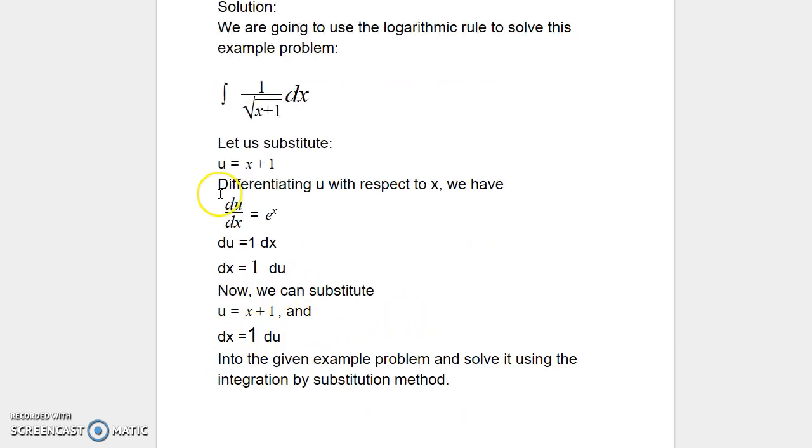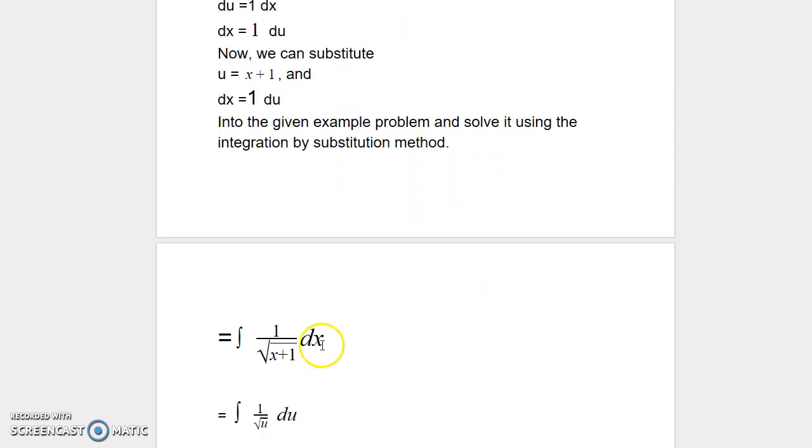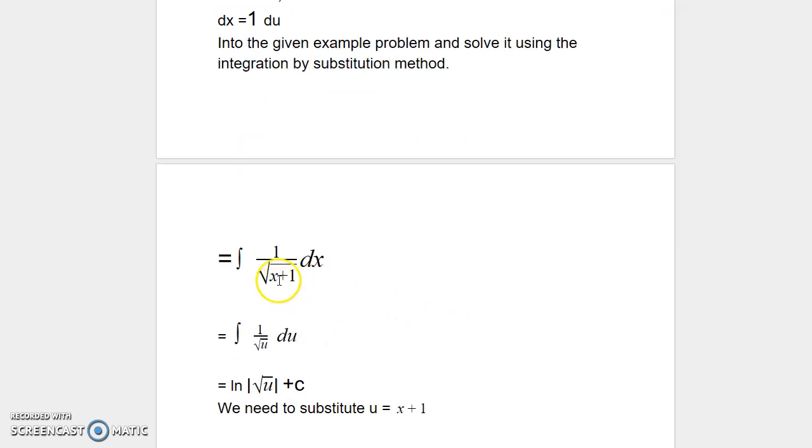Now we can substitute u equal to x plus 1 and dx equal to 1 du into our given example problem, use the rules of integration, and then solve it. Our given example problem is the integral of 1 over the square root of (x plus 1) dx. Wherever we see x plus 1, we're going to replace it by u, and since that is under the radical term, we put a radical over u.